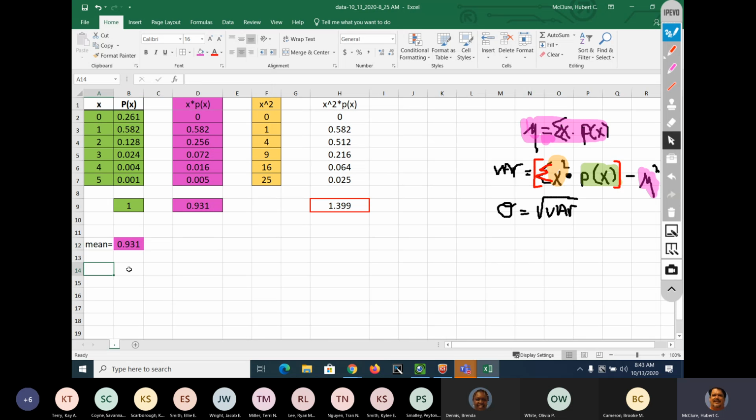And my variance is going to be equal to 1.399 minus that mean, squared. Mean squared. And there is my variance. And then the standard deviation is equal to the variance raised to the 0.5 power. And we've been doing that since chapter 3, so y'all should know that. Or the square root of the variance.